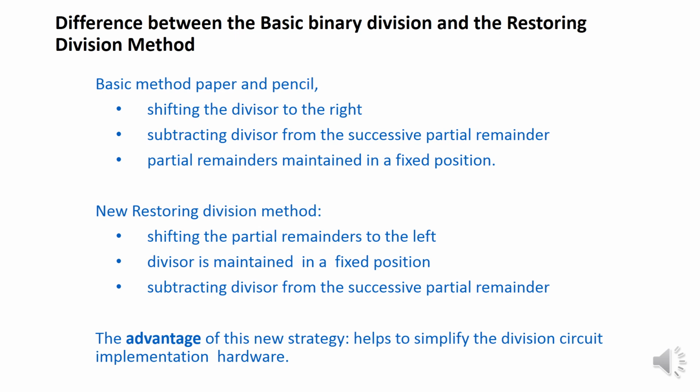So, mainly, instead of shifting the divisor to the right, we maintain it in a fixed position and we shift the partial remainders to the left. The advantage of this small strategy change, as we will see, is to help simplify the division circuit hardware implementation. Let's see that with an example.